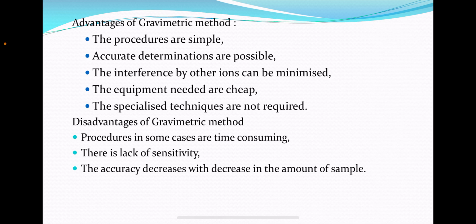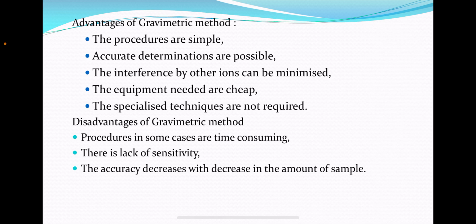If we are working on a milligram scale or low mass scale, the precipitate or final yield of the compound is very small, so definitely the accuracy is going to decrease. So these are the three disadvantages of gravimetric analysis.